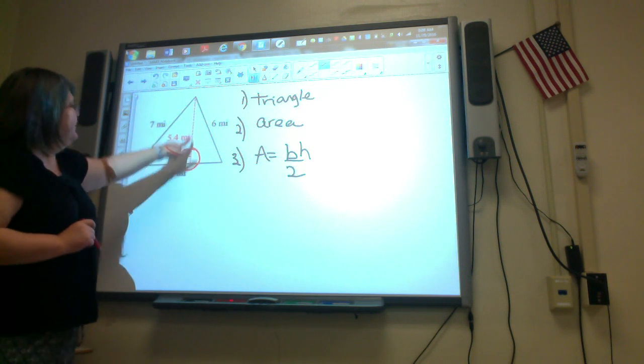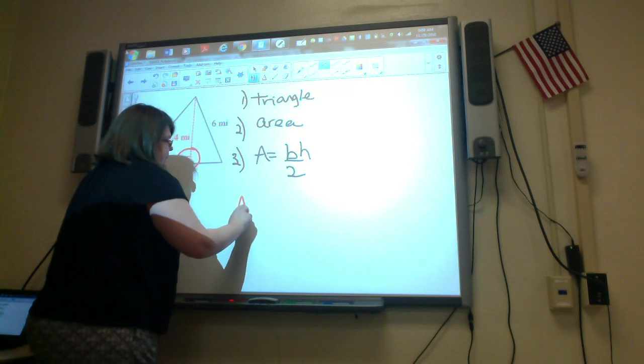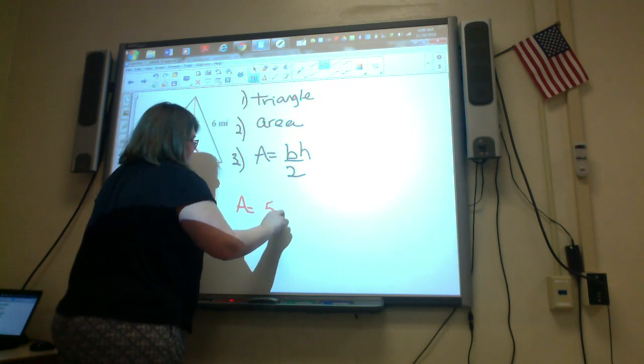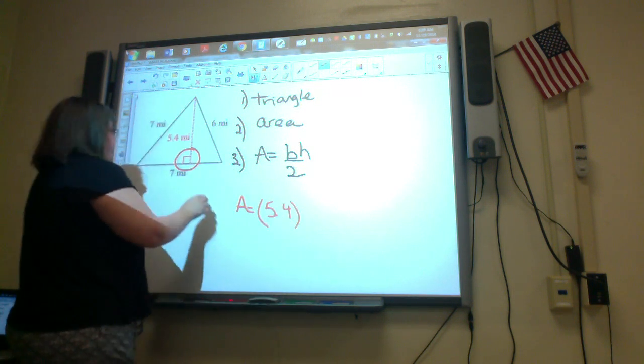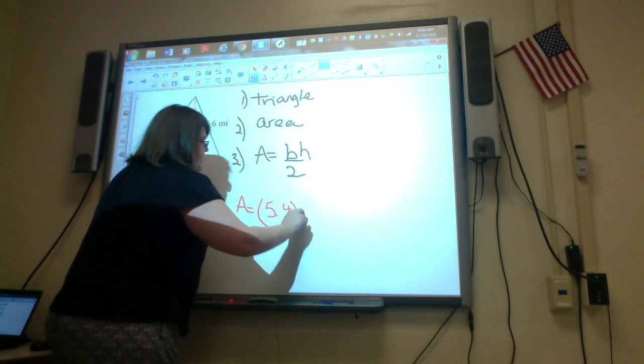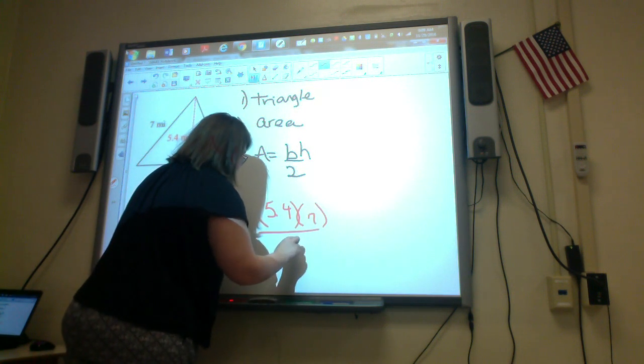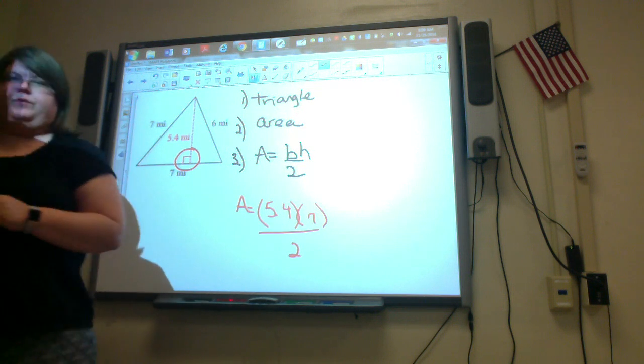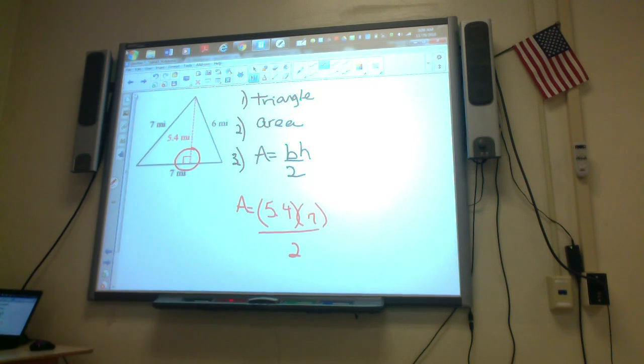So this one is 5.4. This one is 7, divided by 2. Pick up the old trusty TI-84. 18.9.